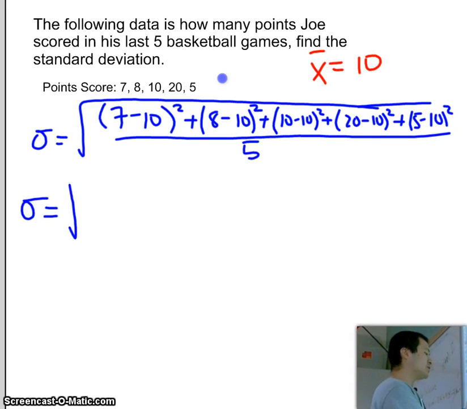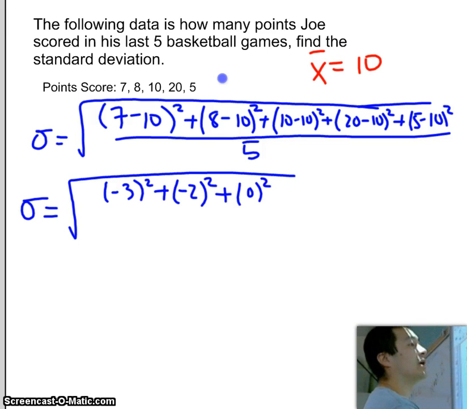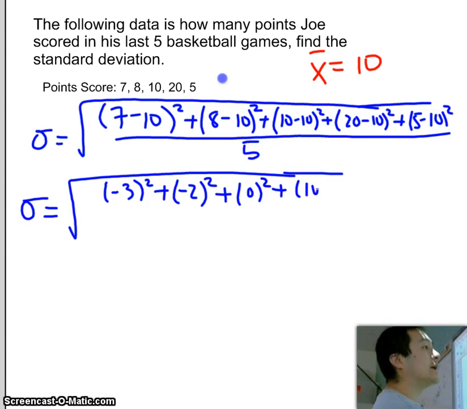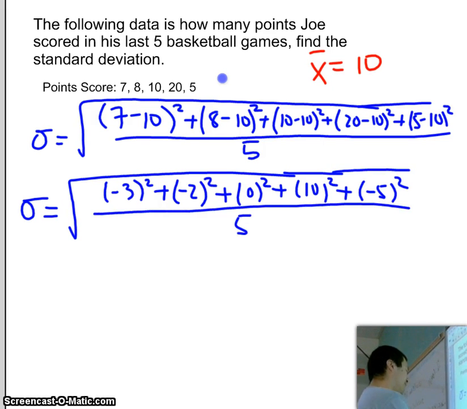Standard deviation equals the square root of 7 minus 10 is negative 3 squared, plus negative 2 squared, plus 0 squared, plus 10 squared, plus negative 5 squared, divided by the number of numbers, which is 5.